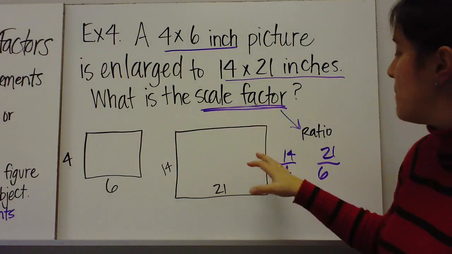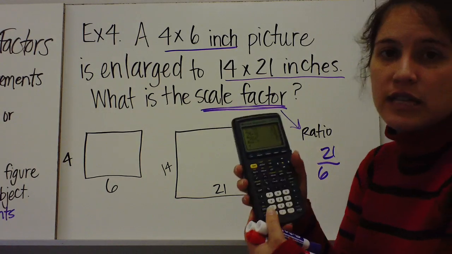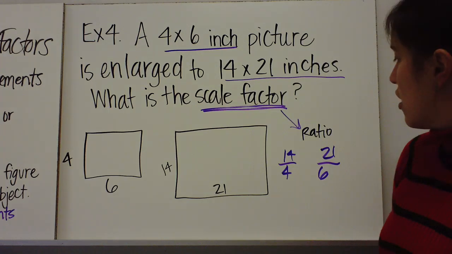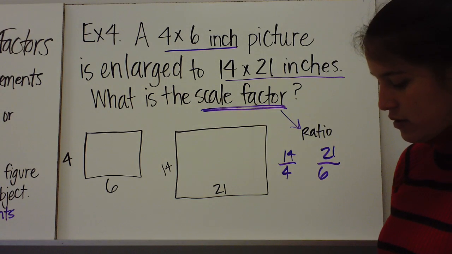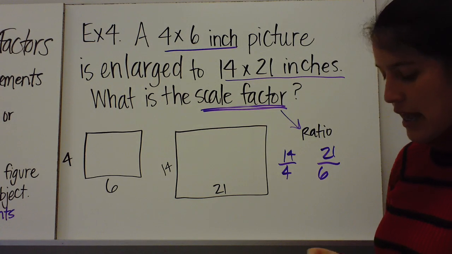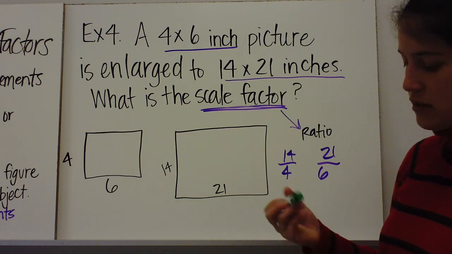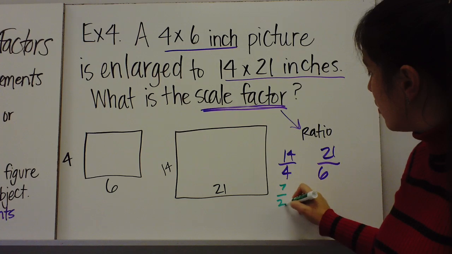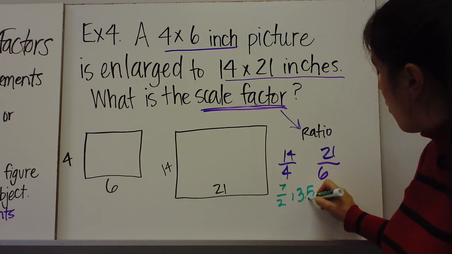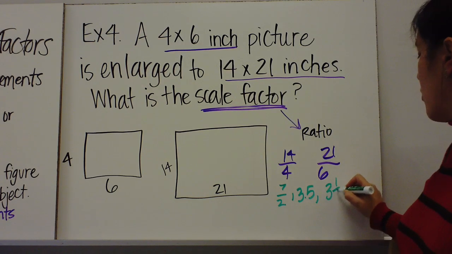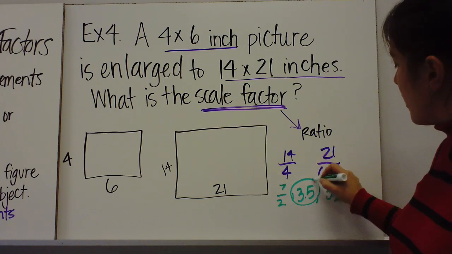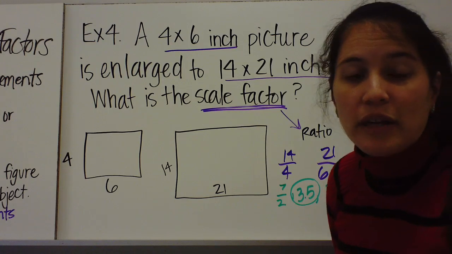So how much did it get bigger? So we want to reduce that. So you type that in your calculator. 14 over 4. And if you reduce or simplify, you get 7 over 2, or 3.5.